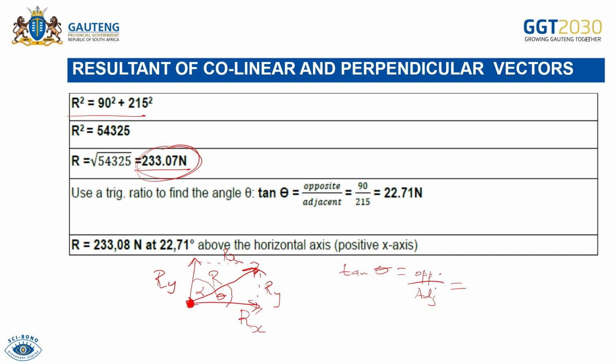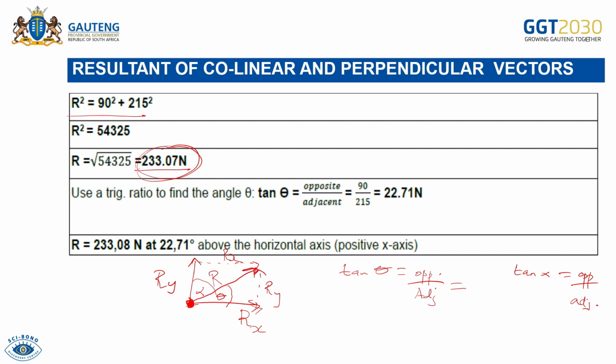Okay, that is tan theta. Same with tan alpha, is opposite over what? Adjacent. Okay, so that is the trig ratio that we use. So it's tan theta for the direction of the resultant for vectors in 2D or for perpendicular vectors.